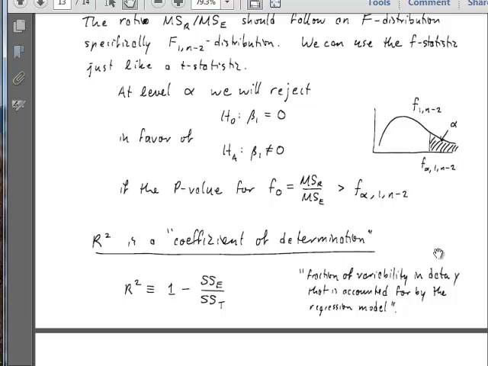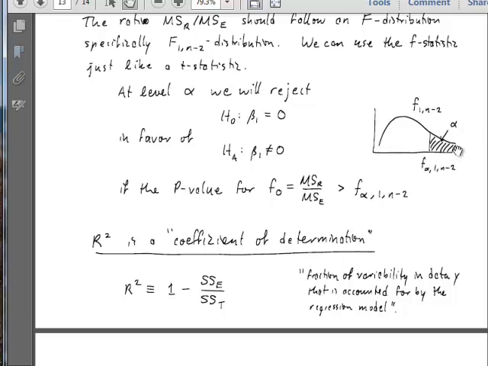Okay, so it's common to go the other direction, I should mention, with this F test and actually report a p-value, right? So for this value f naught, I could look out here on this F distribution with whatever number of degrees of freedom that we have. So remember that we're using beta 0 and beta 1, so it's n minus 2 degrees of freedom, and we're looking at only one variable being important.